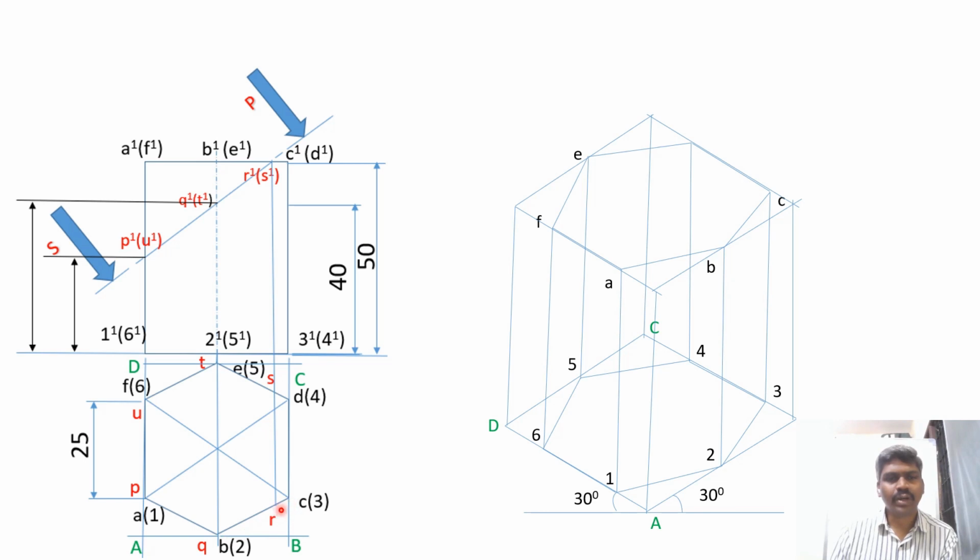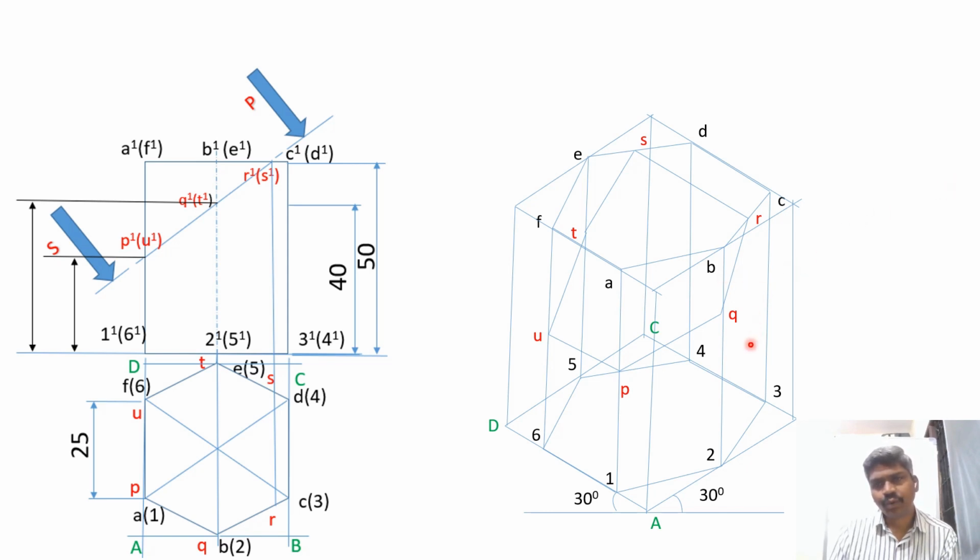So C to R, you mark the dimensions from the true shape, then you transfer C to R. Similarly, S point on the top edges: D to S, you measure, then you transfer D to S here. So P, Q, R, S, T, U section points. Now you connect P to Q, Q to R, R to S, S to T, T to U and U to P.